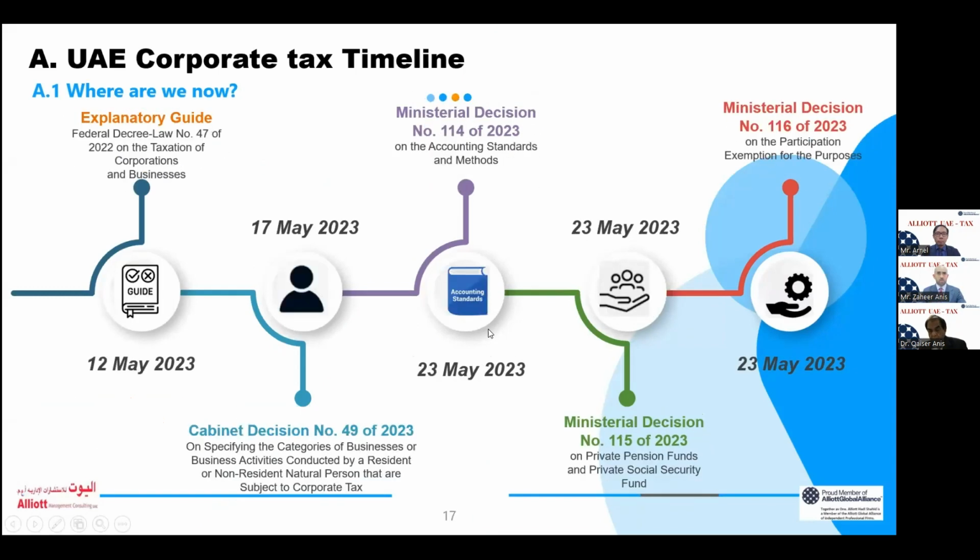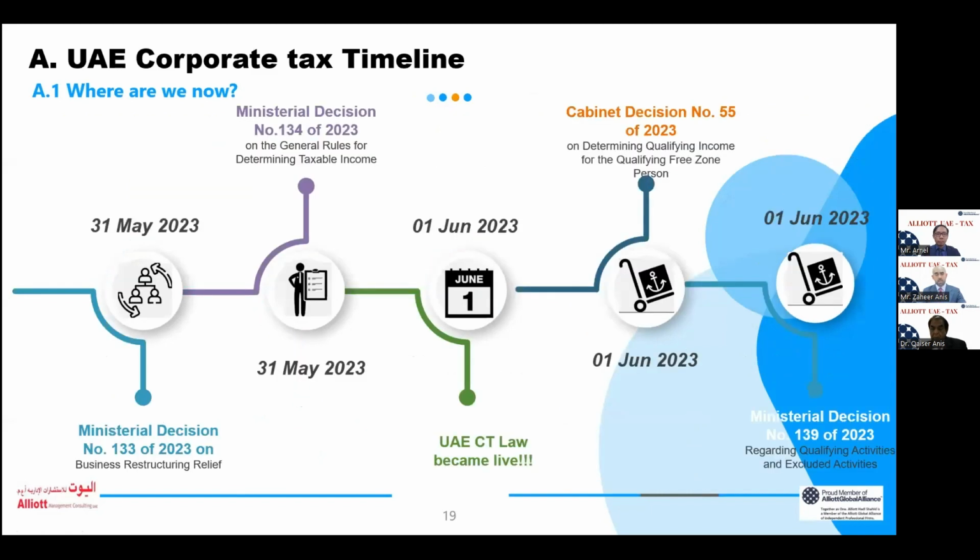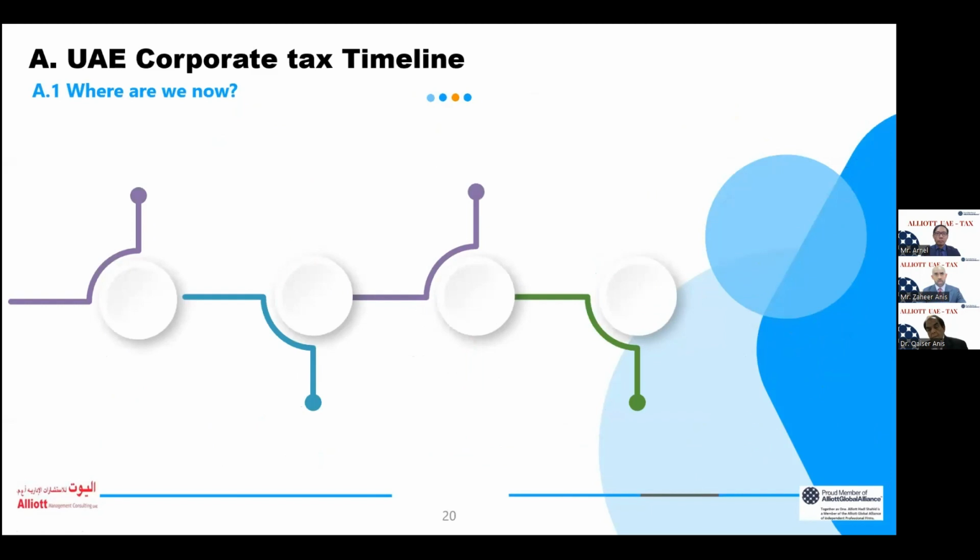As you can see, there's been a flurry of different legislation that has come in the past year, and now we come to the end of this timeline, where we are right now. We have Cabinet Decision number 56 of 2023, which we did a webinar on, on the determination of a resident person's nexus.